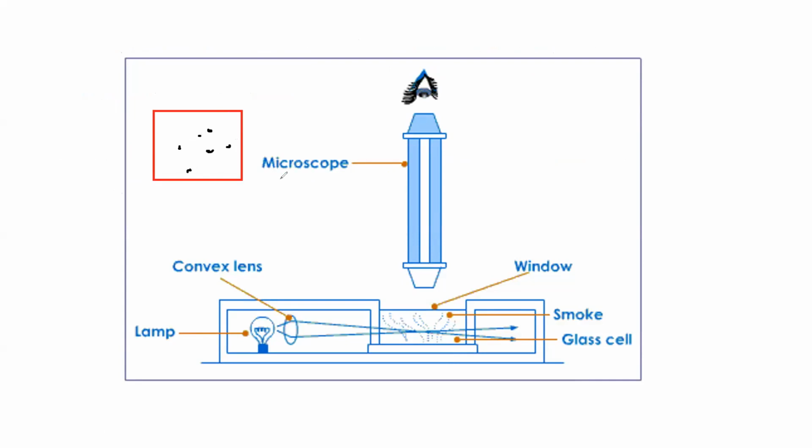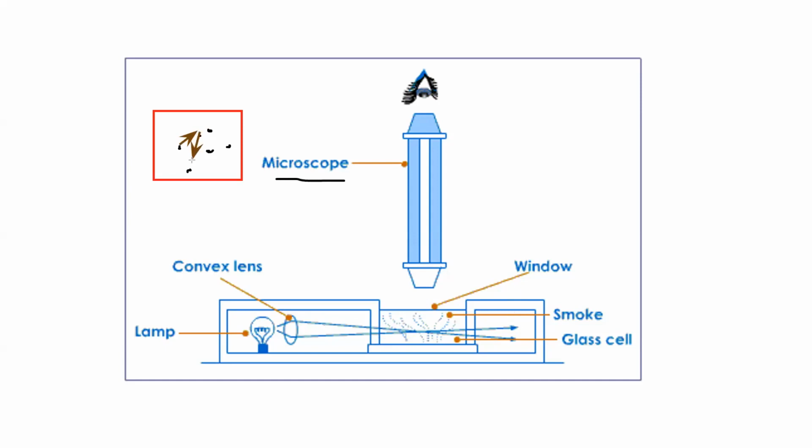We look through this microscope, and the purpose of the lamp and the convex lens is to illuminate this. Otherwise in the dark you will not be able to see these particles. The purpose of this convex lens is to focus the light in the cell, so you are able to observe this.